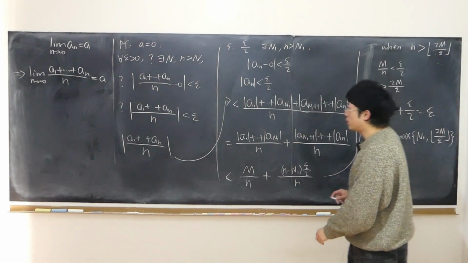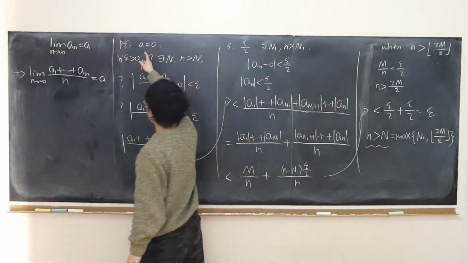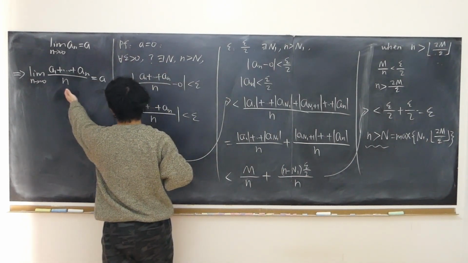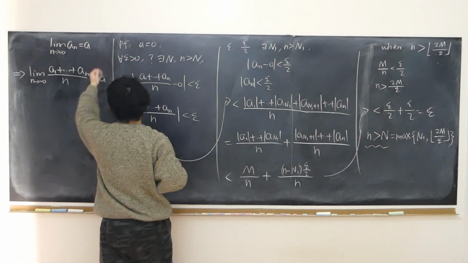So the special case is proven. When A is equal to 0, my arithmetic mean also approaches the same value.